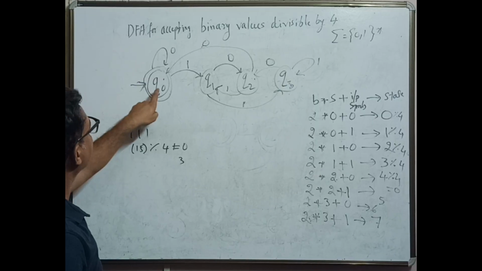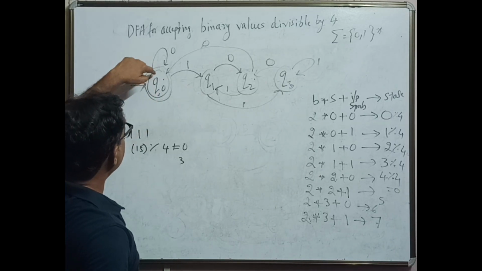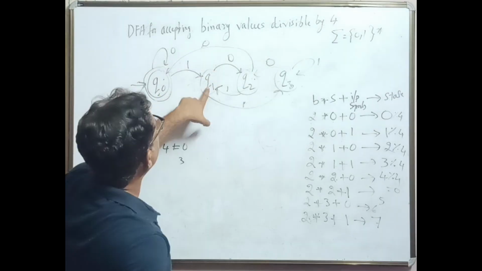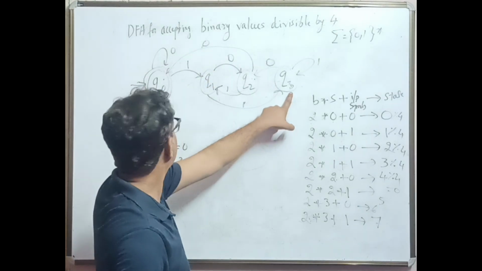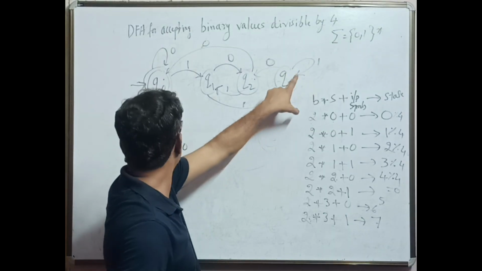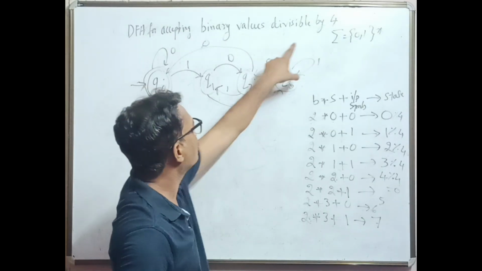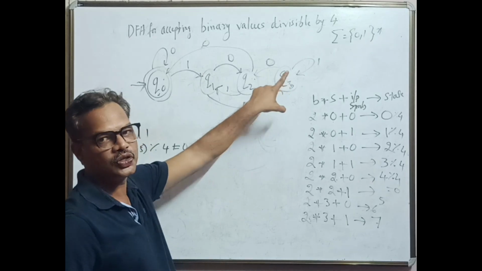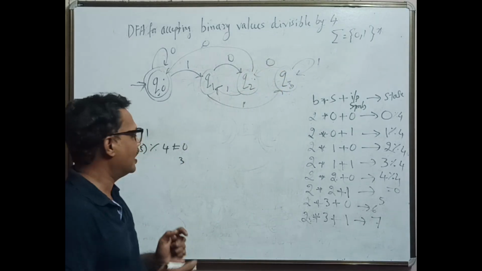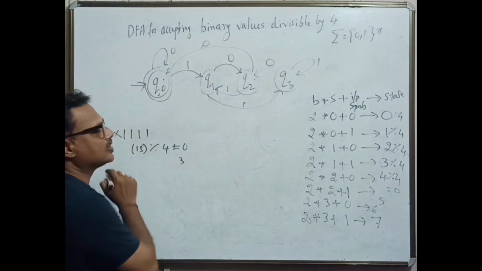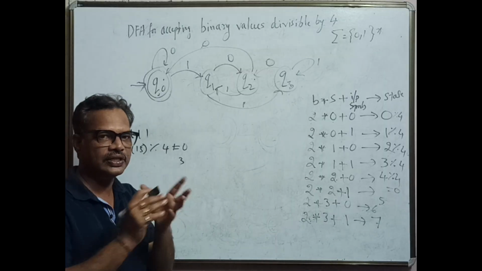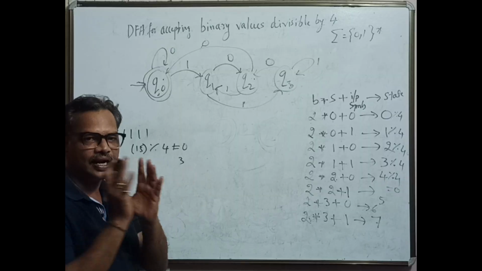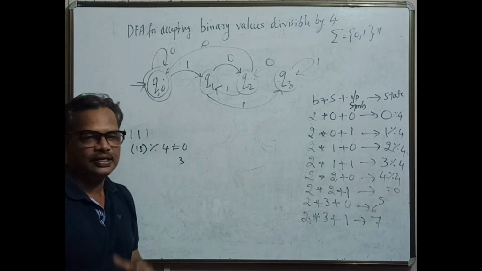From the initial state Q0 on 1, it goes to Q1, then from Q1 it goes to Q3, from Q3 it remains in Q3, and on one more 1 it remains in Q3. So Q3 is not a final state, hence this string is not accepted. I hope you are able to understand now, with respect to different scenarios, valid strings and invalid strings. Okay, thank you.